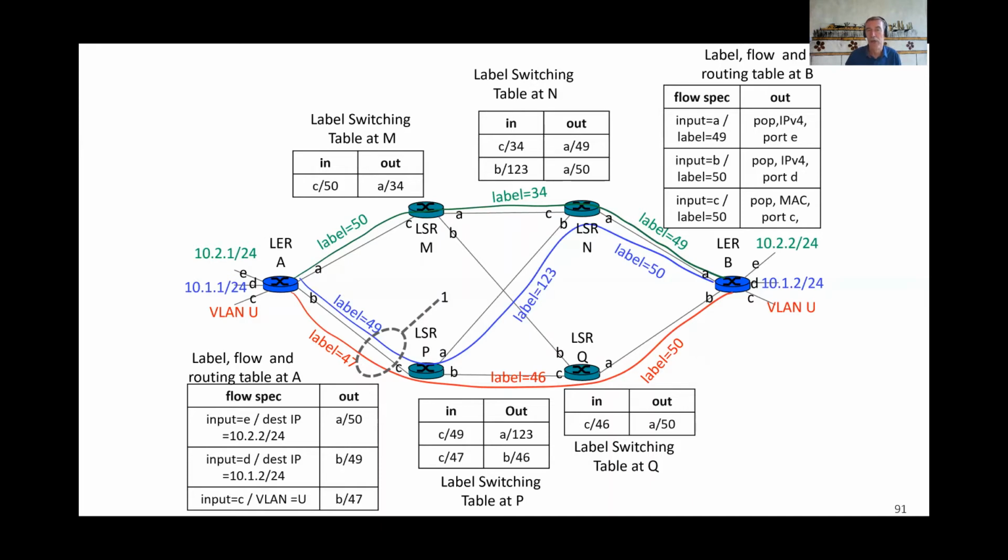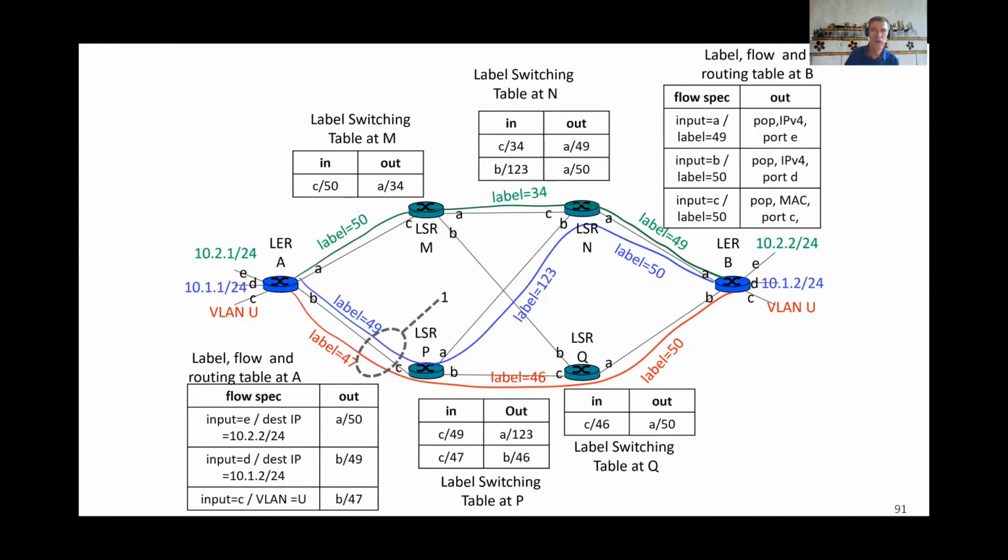If it's an IP packet, then it will do the usual stuff we've seen with IP. The main difference, of course, is that all the MPLS stuff requires setting up the MPLS flows, what are called, in fact, MPLS connections. We've discussed that. So here I assume all those tables have been set up by some mechanism that we will not discuss in detail. This can be done very typically by SDN or by other mechanisms that we will not discuss.